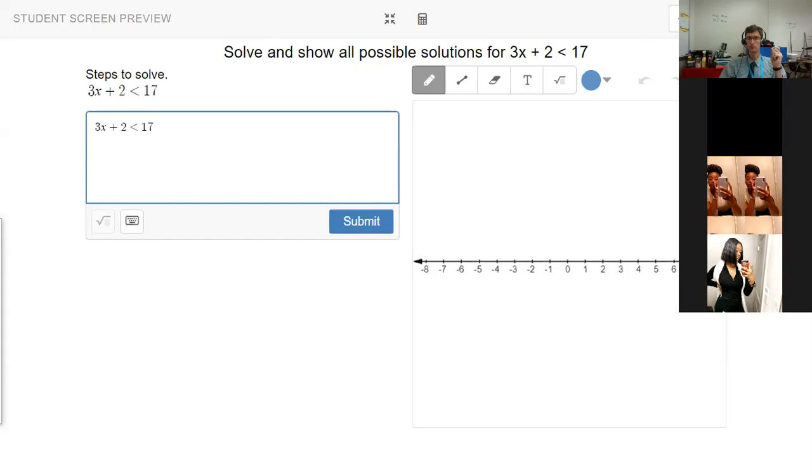All right, so what's the first thing we need to do here? Subtract 2 from both sides.